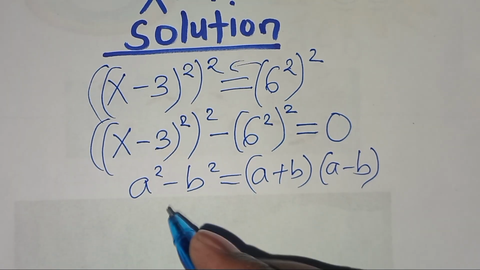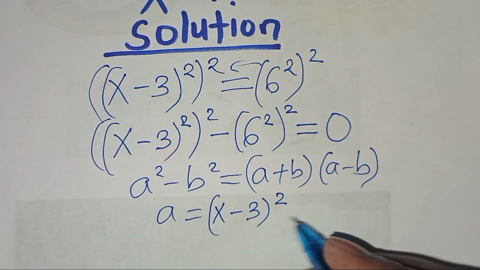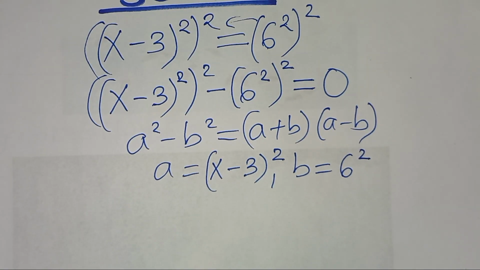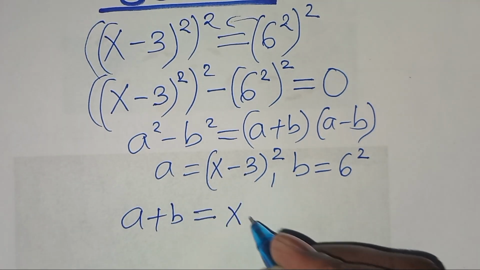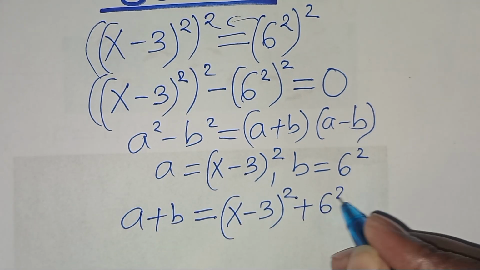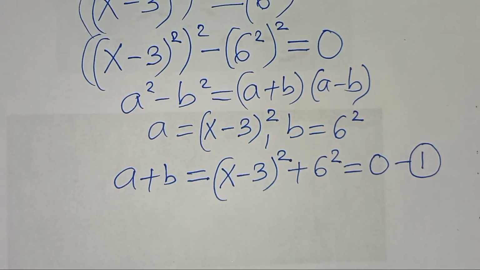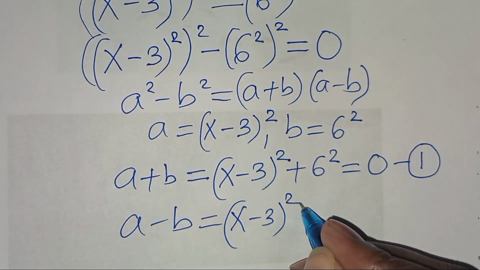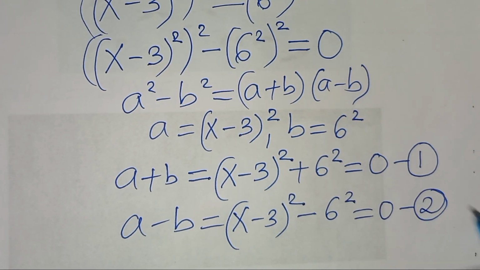In this case, a = (x - 3)^2 and b = 6^2. So a + b = (x - 3)^2 + 6^2 = 0, let's call this equation 1, and a - b = (x - 3)^2 - 6^2 = 0, let's call this equation 2.